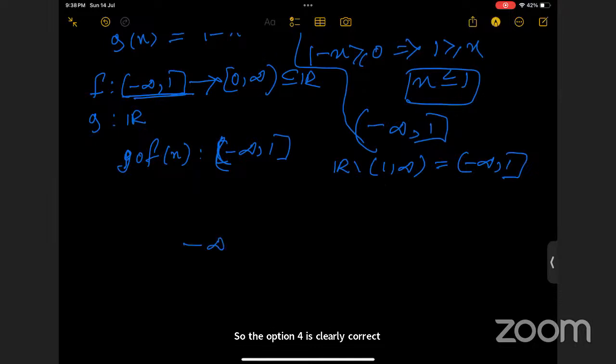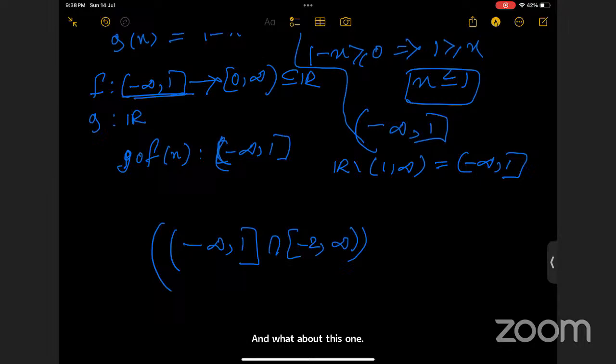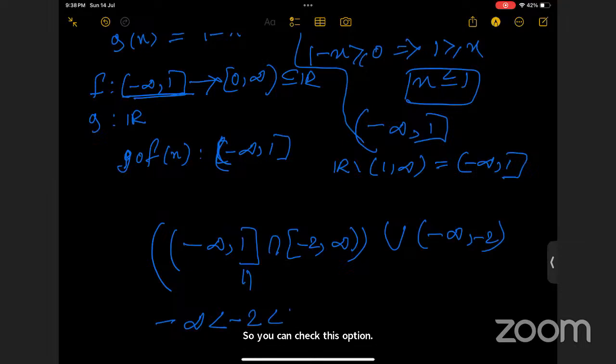And what about this one? Union minus infinity, minus 2. So you can check this option. Clearly minus infinity is less than minus 2, less than 1, less than infinity, right? So the intersection portion will be minus 2 to 1, right?